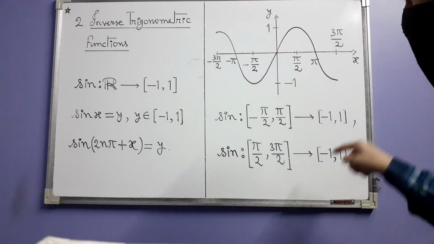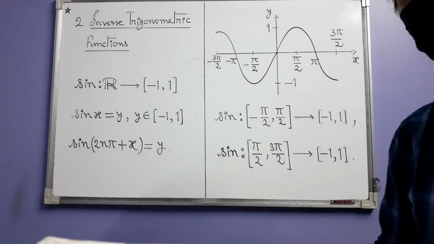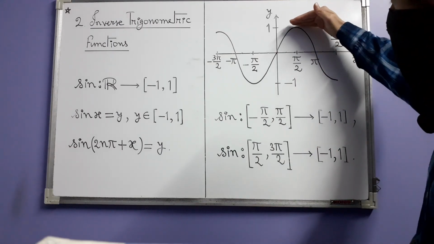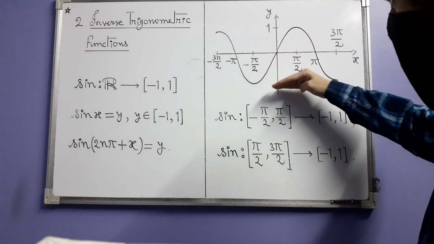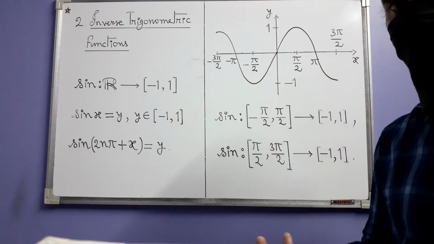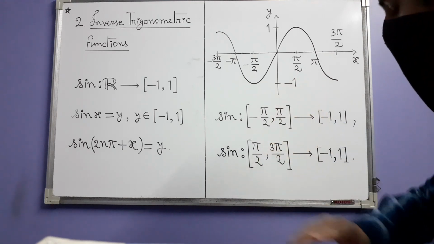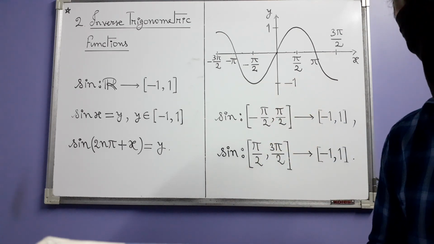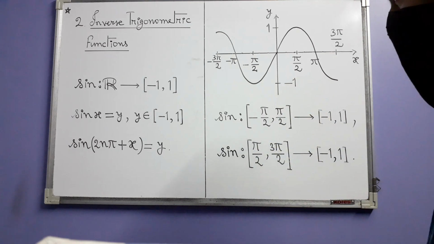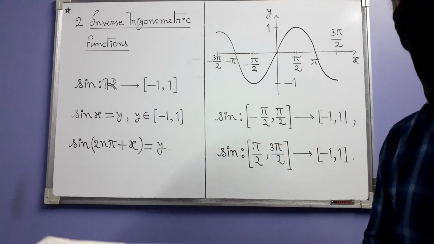And that makes this restriction also onto, just like that one. And during this journey, every value between 1 and minus 1 is taken on only once. So we get one-oneness also. So just like this restriction, this one also has a traditional inverse. And you can imagine that there will be many others like this, in fact infinitely many.